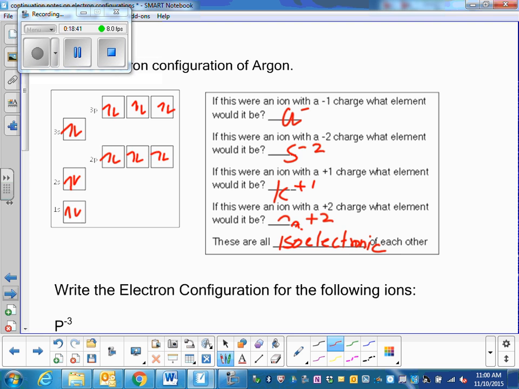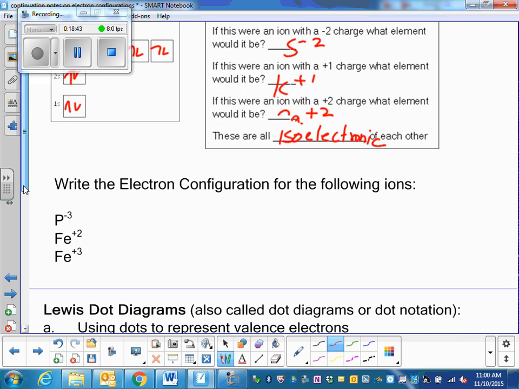All right? Now, not only do you have to know the electron configuration of regular atoms, but you should also know to write the electron configuration of ions. So phosphorus, if it gains 3, what is its electron configuration? How many total electrons does it have?